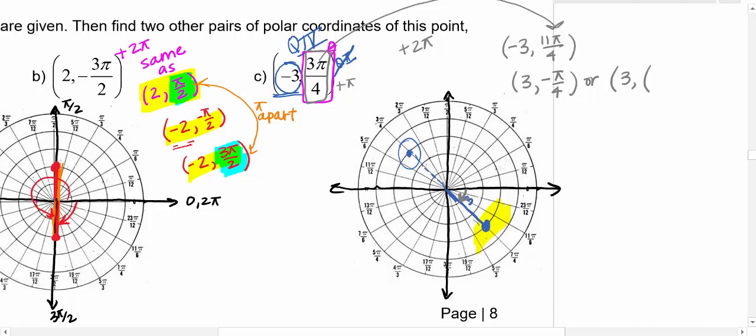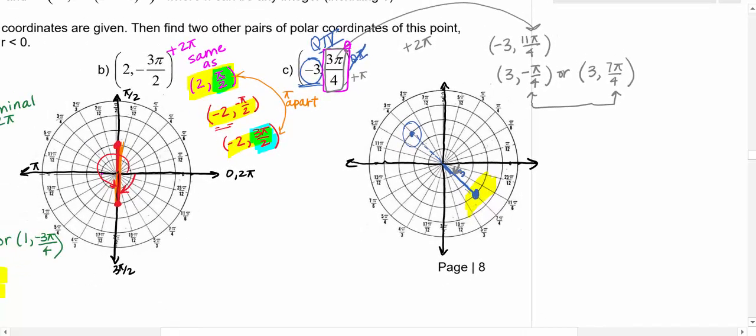So that would be 7 pi over 4. So I could have 3 comma 7 pi over 4 as well. And these two should be the same place because you're saying this or this, right? And they are.